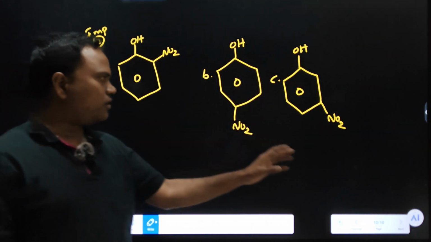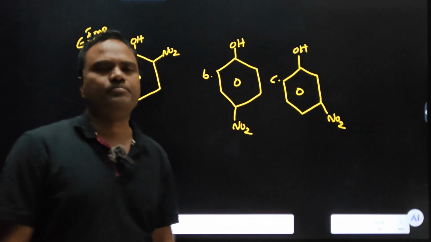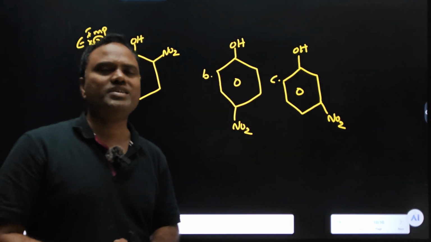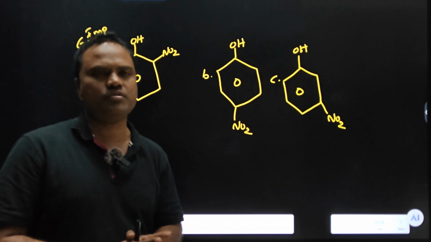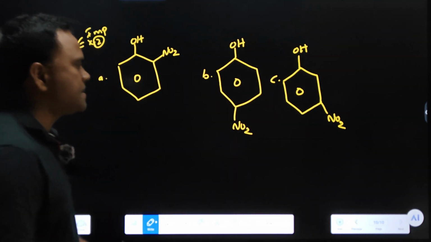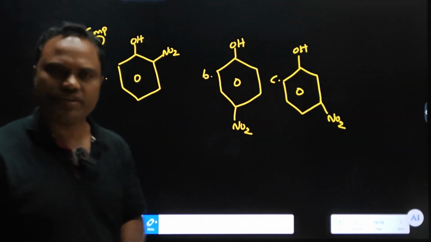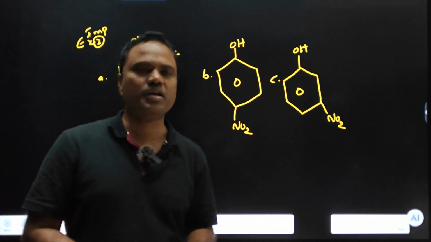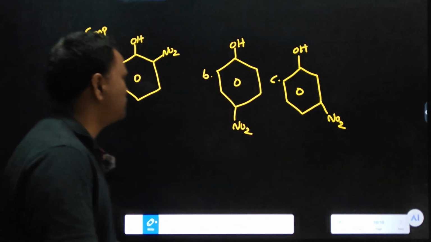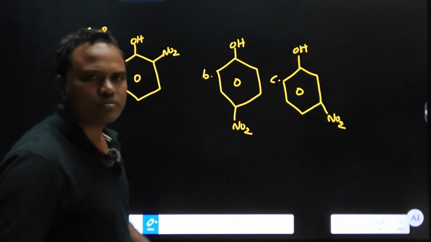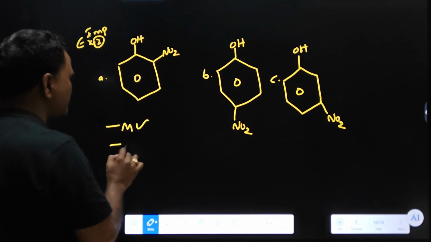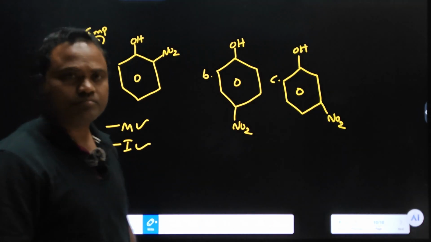Out of these three, which compound loses H plus easily and acts as a good acid? That is the question. First of all, write the general effects: in which minus M is present, in which minus I is present. NO2 is in the ortho position, so NO2 has its minus M power and minus I power.